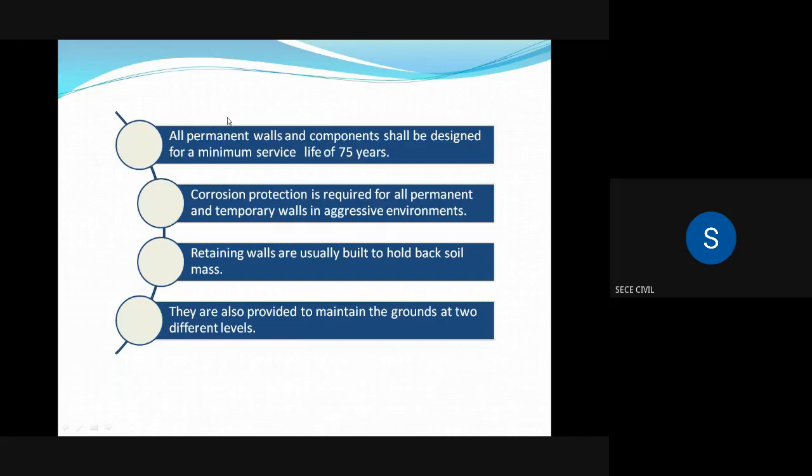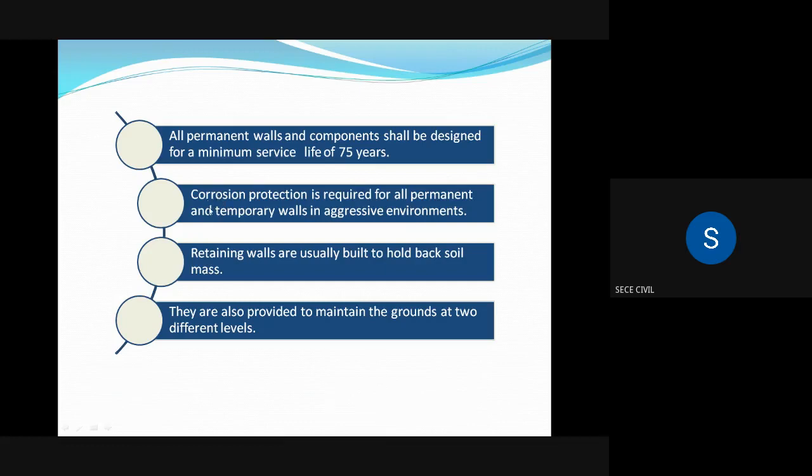Some important points in the design of retaining walls. All permanent walls and components shall be designed for a minimum service life of 75 years. If you are going to design a retaining wall, the minimum service life should be 75 years.